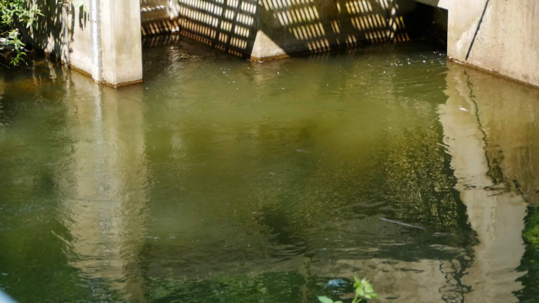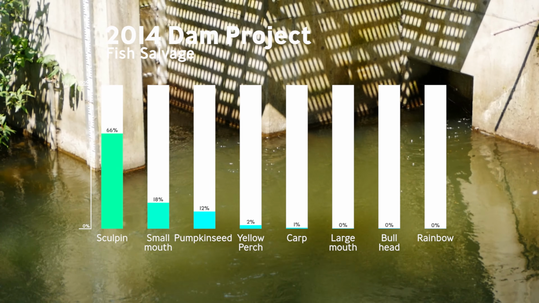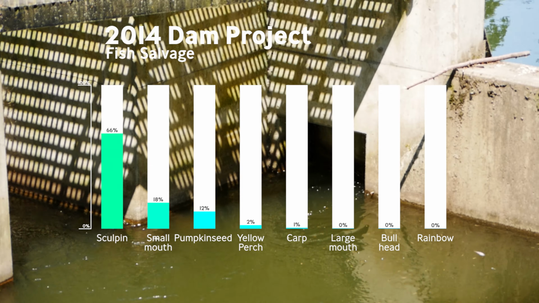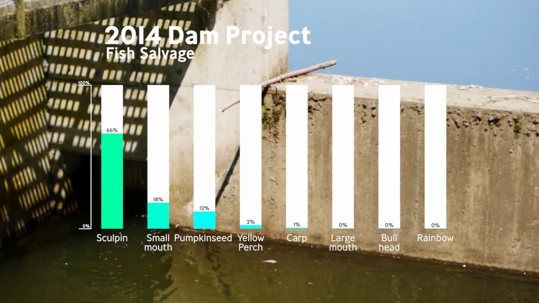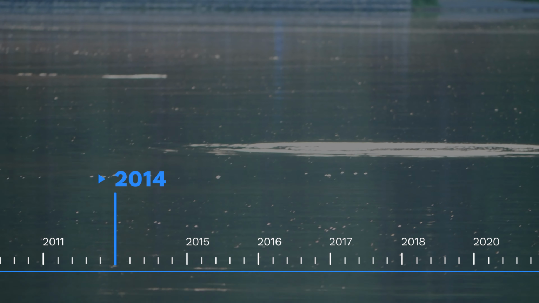Inadvertently, this was the first non-angler documentation of carp in Elk Beaver Lake. Out of around 1,000 fish, 8 carp were found. I can say with confidence, sometime between 1995 and 2014, carp were introduced.